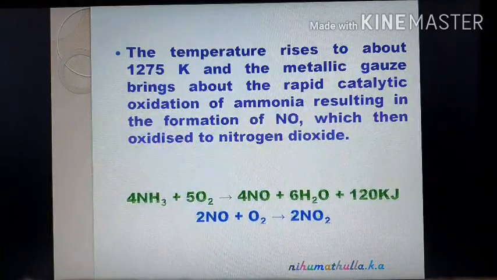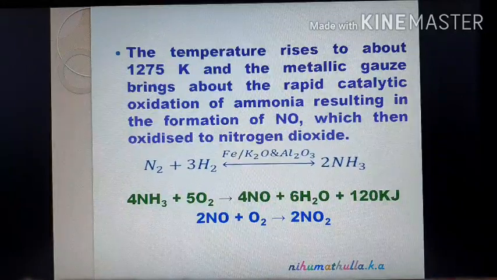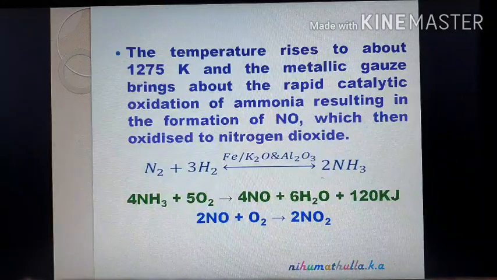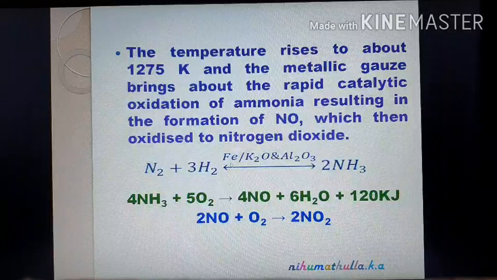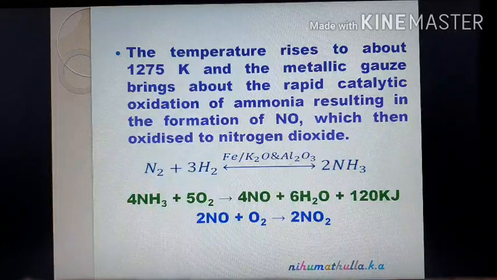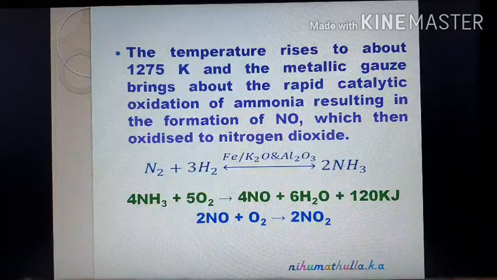Actually, these three reactions are important. The first reaction is Haber's process of manufacture of ammonia. Ammonia is manufactured from nitrogen and hydrogen in the presence of iron catalyst, and potassium oxide and alumina, K2O and Al2O3, are used to attain the equilibrium quickly.